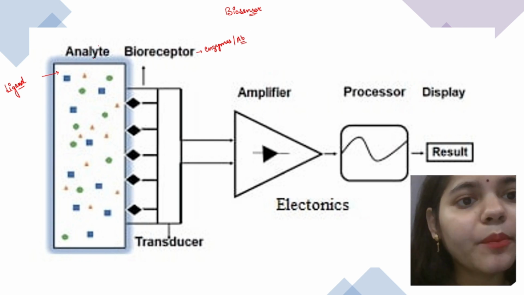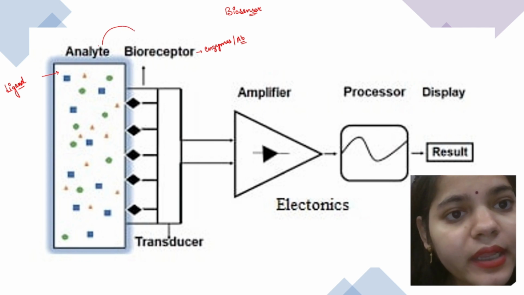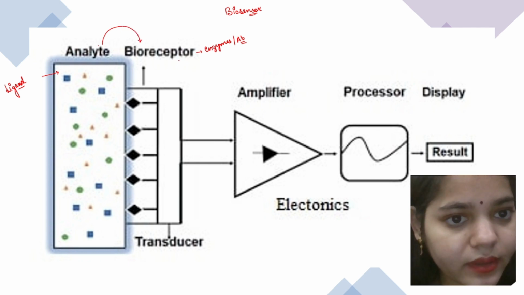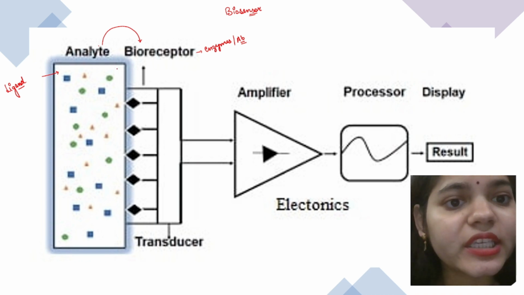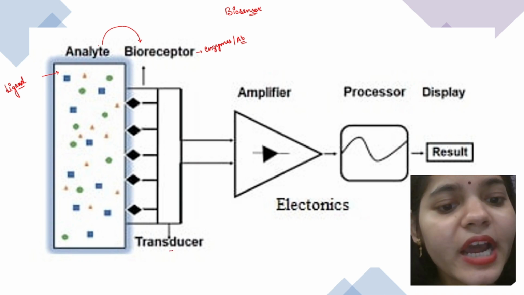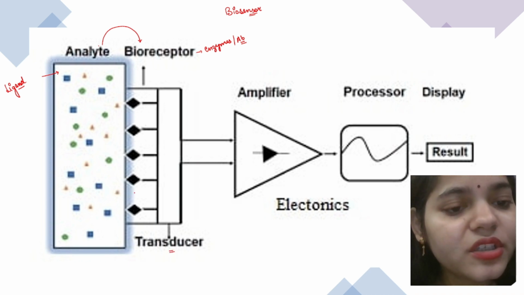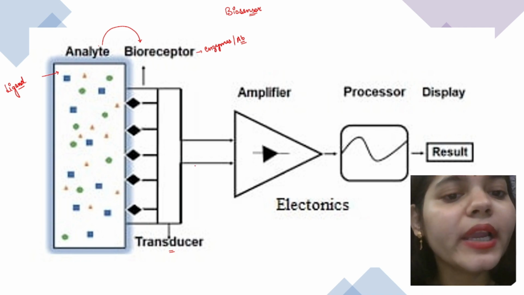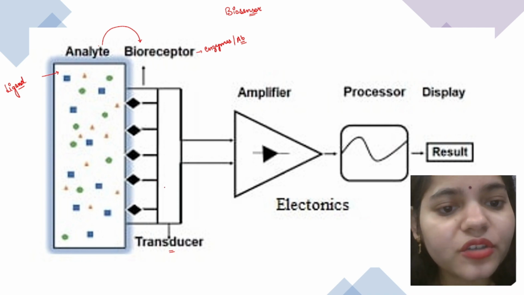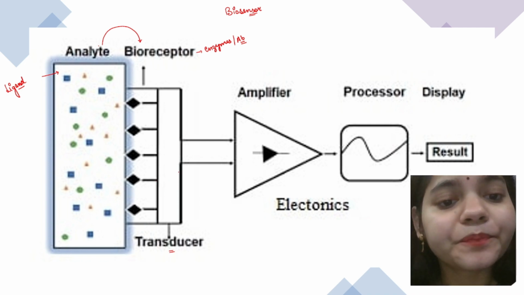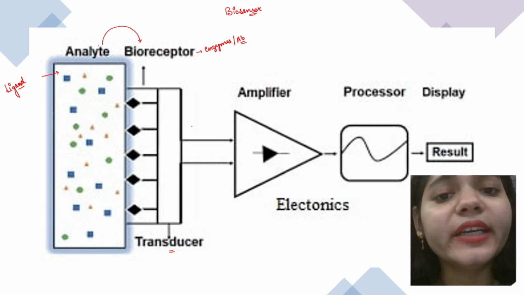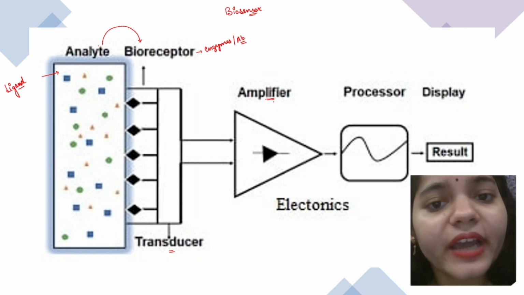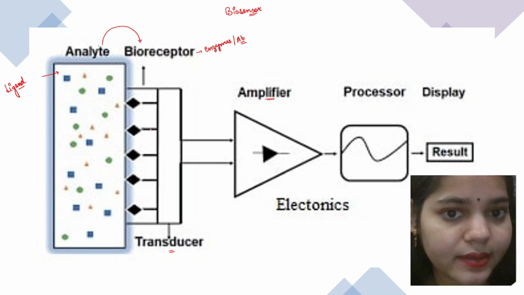Whenever this ligand binds to this receptor, some conformational changes occur in the receptor, and these changes are recognized by the transducer, which converts the biological signal into an electrical signal. Then the transducer passes this signal to the amplifier, and the amplifier amplifies these signals.